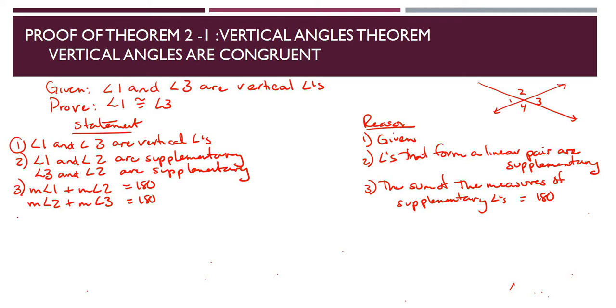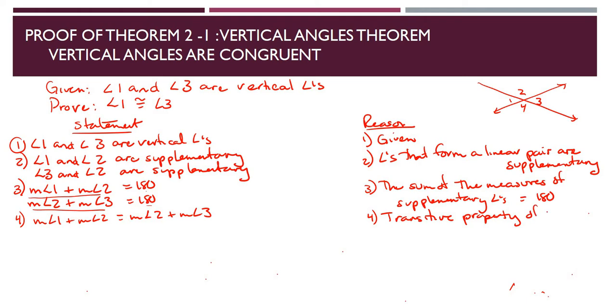Okay, now, since this is equal to 180 and this is equal to 180, I can say that my first statement equals my second statement. And that's our transitive property of equality.